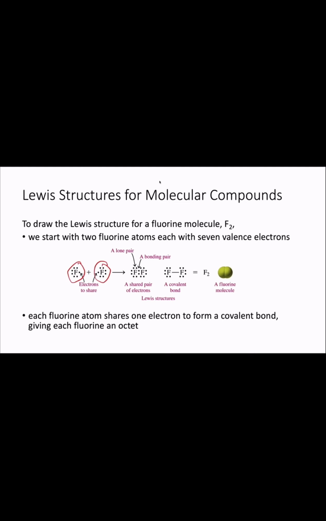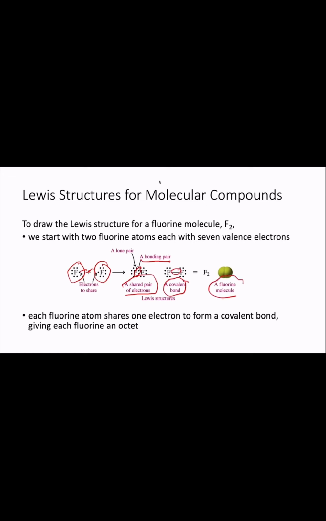To achieve 8 electrons for each, the electrons are going to be shared, so we're going to make a bond. They're sharing a bond, and the rest of them stay as lone pairs. A bonding pair shares electrons, and what we call this is a covalent bond.